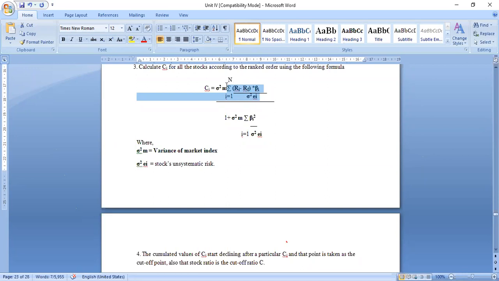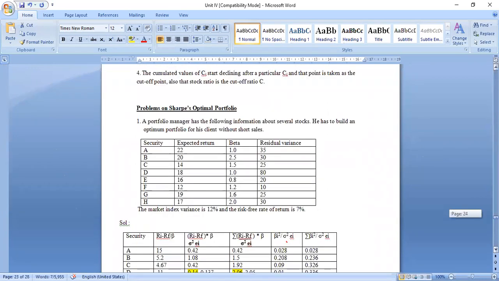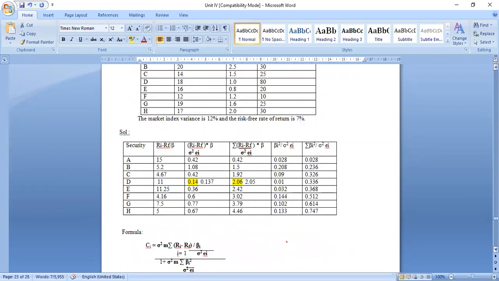Then you have to find the summation for each of these stocks. So we are just going to make two columns for this. One is to calculate this value, and second we are going to make the summation of the calculated values. So this third column is Ri minus Rf divided by residual variance into beta i.